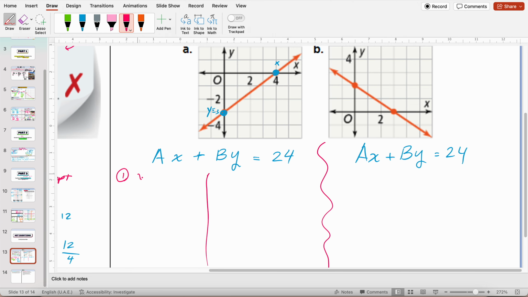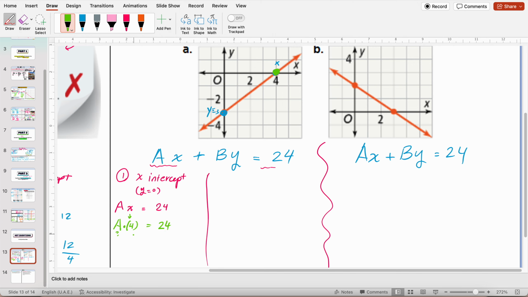If I wanted to find the x-intercept, what should I do? I will put y as 0. So my equation will have only ax equals 24. Since I know that the x-intercept will be 4, I know the value of x. It should be 4. What is the value of a, the coefficient, to multiply with 4 and get 24?